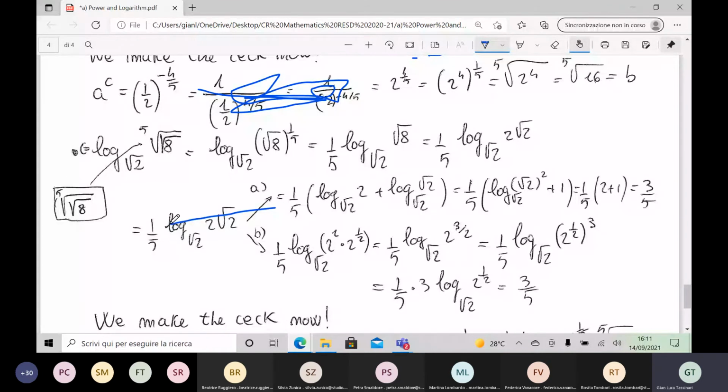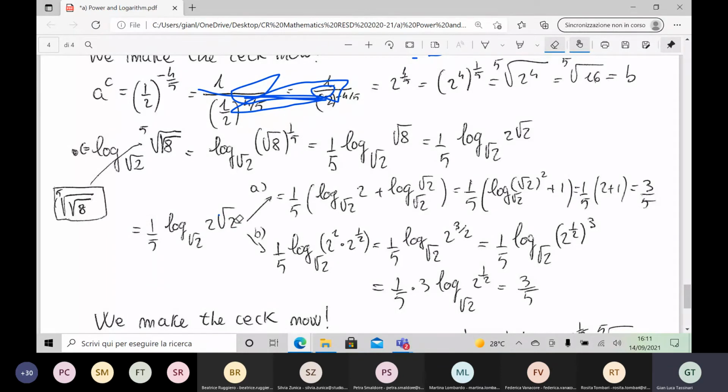I want to apply a property we saw, but that we still haven't applied today. Guys, you can see that 2 square root of 2 can be written as the product between 2 and square root of 2.